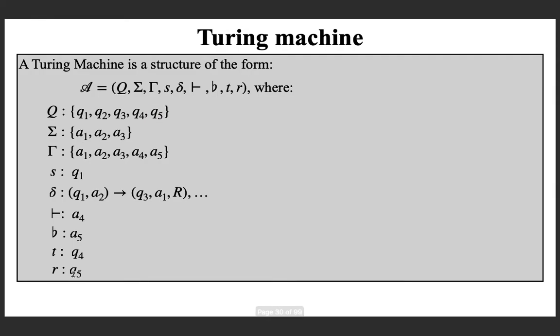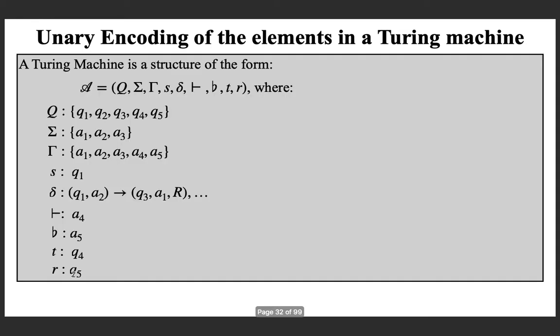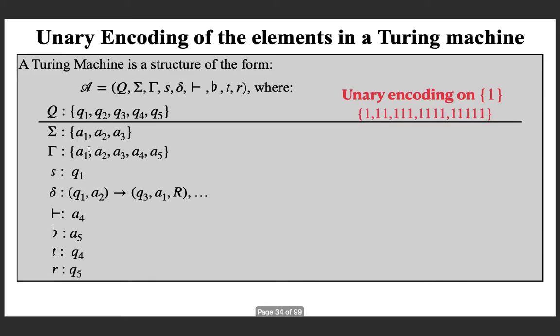Now we can see how to apply the unary encoding to the elements of a Turing machine. This is the example that we discussed. How will you represent all these states in unary? The first state will be represented as 1, the second state as 1 1. Likewise, here is the unary encoding for all the 5 states: 1, 1 1, 1 1 1, etc., up to 1 to the power 5.